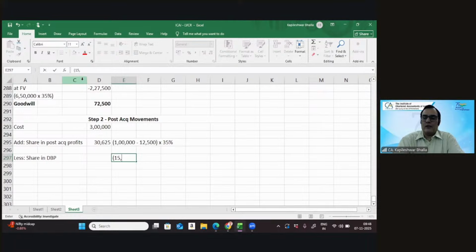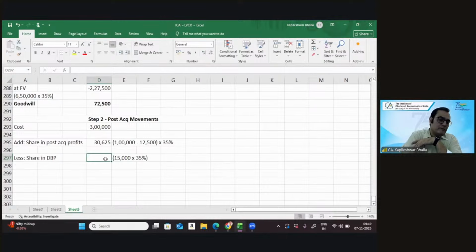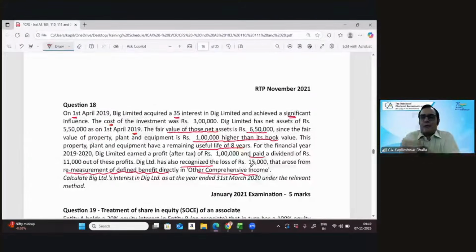This is a loss of 15,000 into 35%. Let's make a reduction, and that works out at 5,250. That is done. I think this takes care of the calculation of the investment. So now you can see clearly this is 325, 375. Wonderful indeed. This takes care of the entire calculations as well.